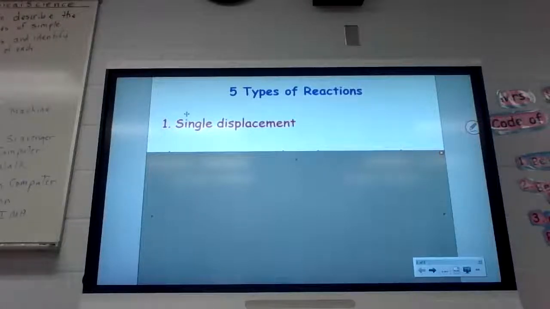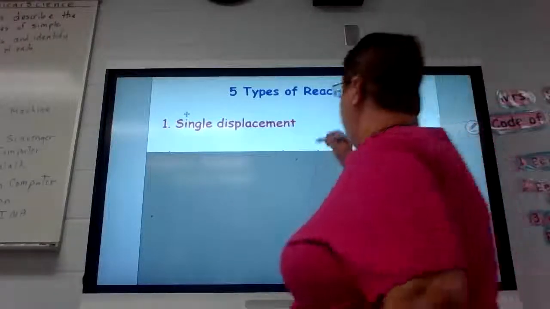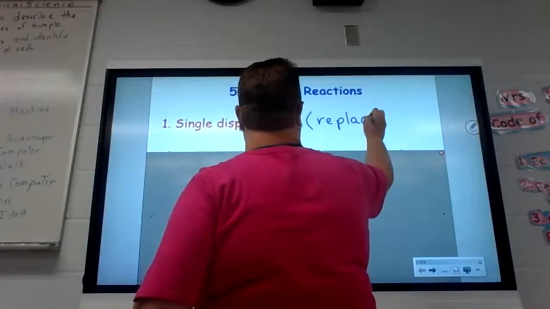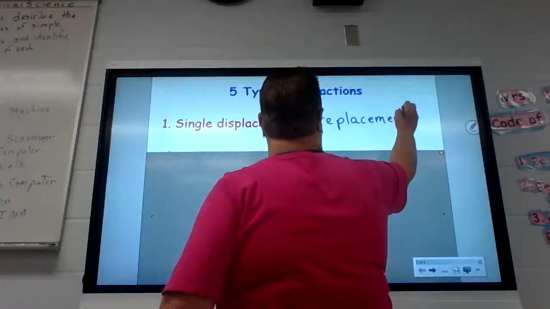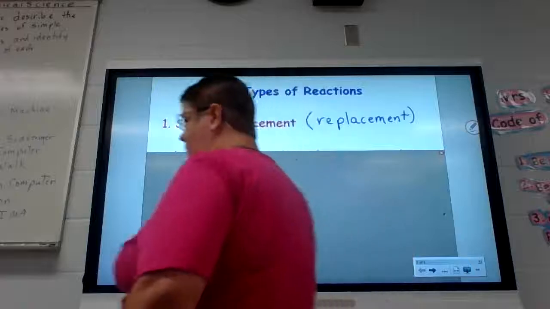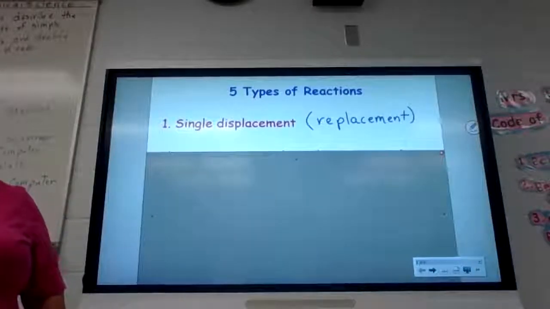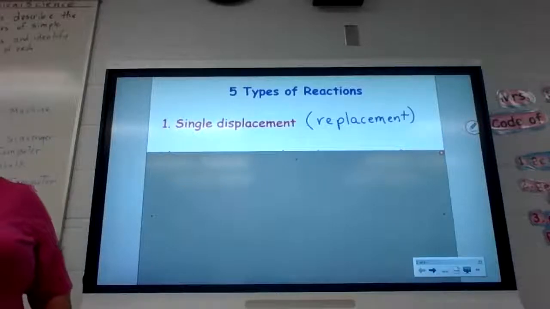So the first type that we're going to learn about is called single displacement. Now, a lot of books call it single replacement. I learned displacement when I was in school, so I often still refer to it as displacement. It's one and the same, depending on the author of the text. I will use them interchangeably so you get used to the names.